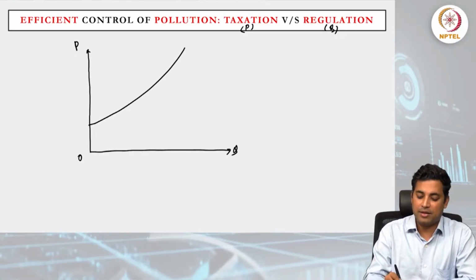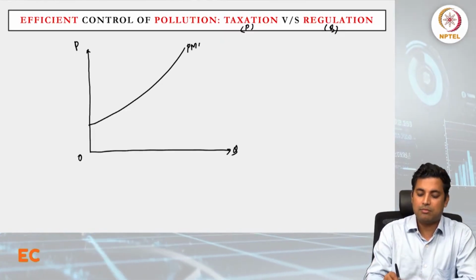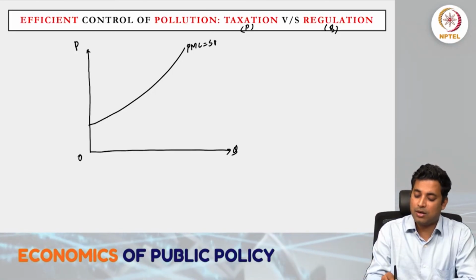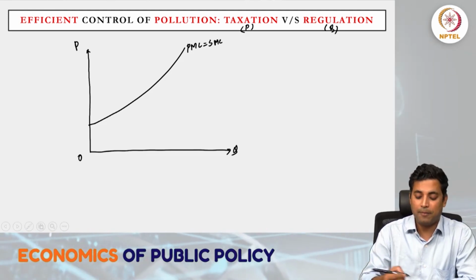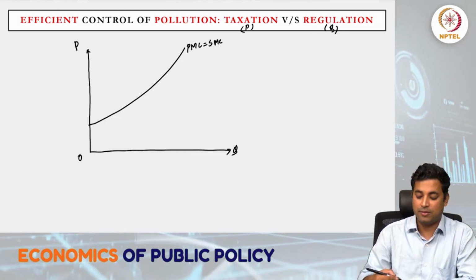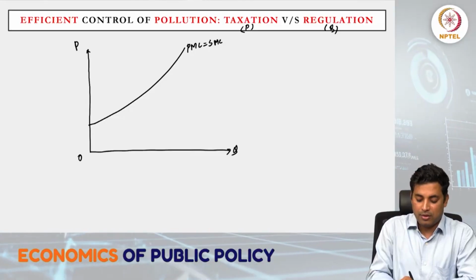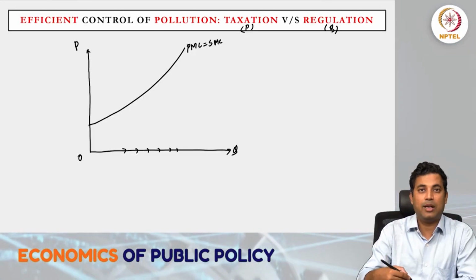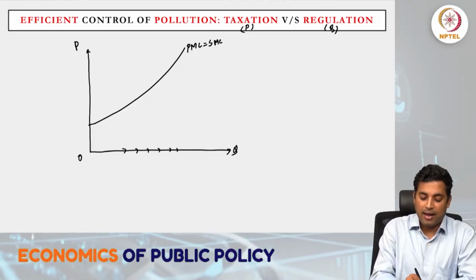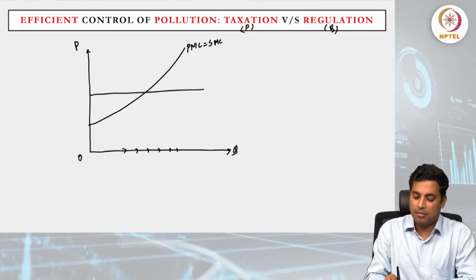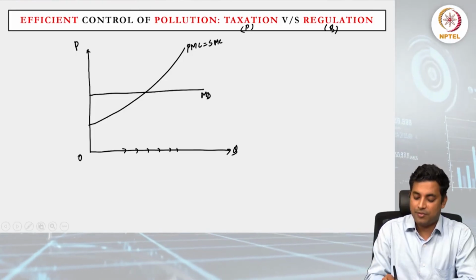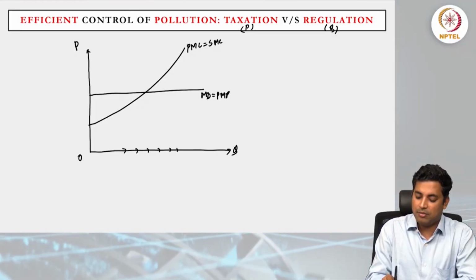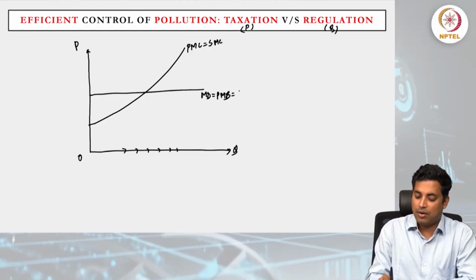The supply curve, which is the private marginal cost or social marginal cost, is upward sloping, because as we produce more and more pollution, the cost goes up.